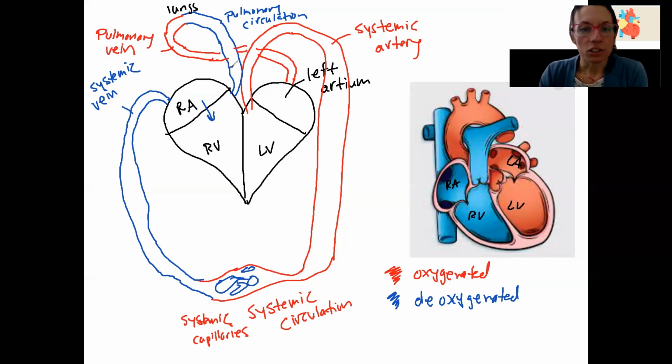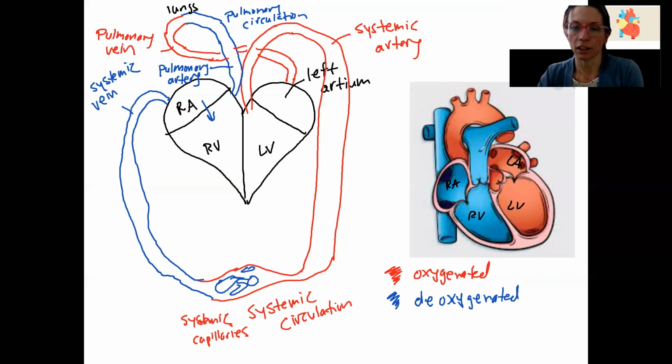So this vessel right here, this is our pulmonary, what? Artery. Arteries are always exiting the heart, even if they don't have oxygen. Okay, beautiful picture, right? And you could see that over here as well. So this is our what?